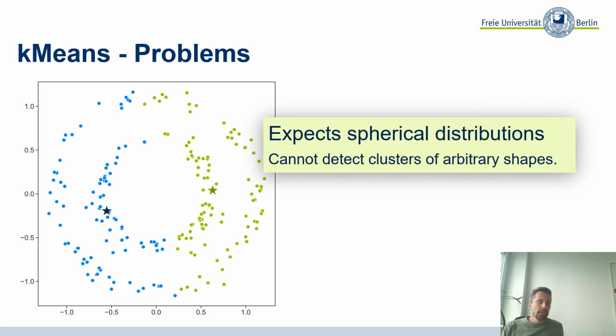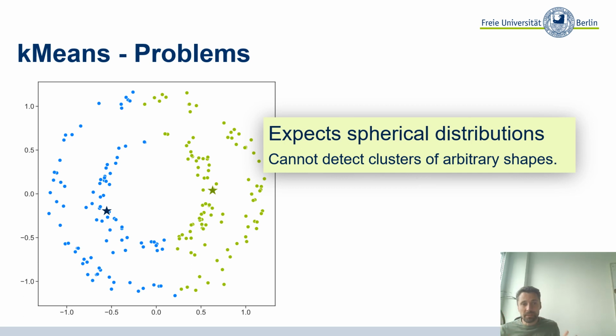Another problem is that we are modeling the data distributions, the cluster distributions, as spherical distributions, because the only thing that we know is that they have a center. And we don't care if they have some shape.